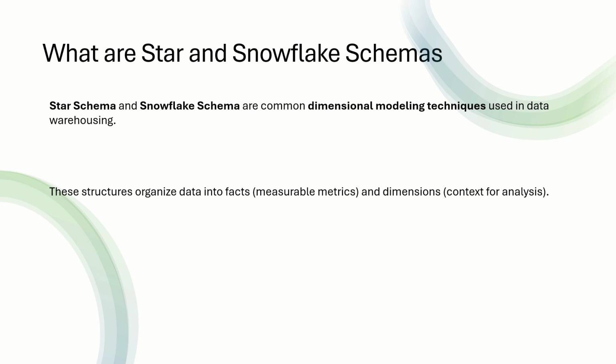That revenue is a column you keep in your fact table. And dimensions are, as you know, the context for analysis. In a store you sell a lot of products, so you keep the product details in a dimension. So these are high-level definitions of facts and dimensions.